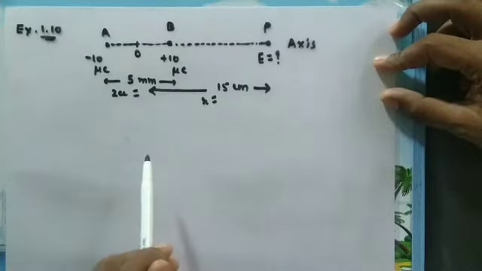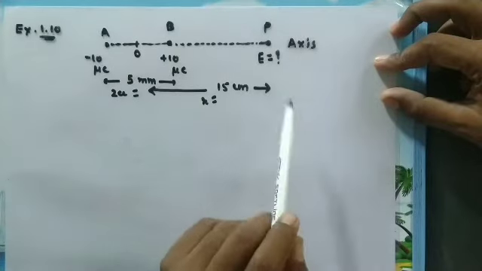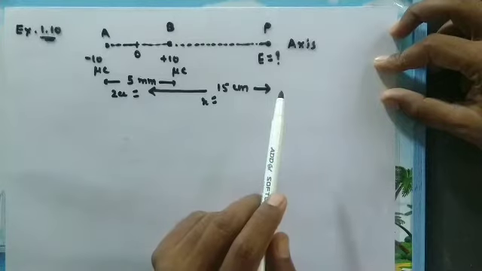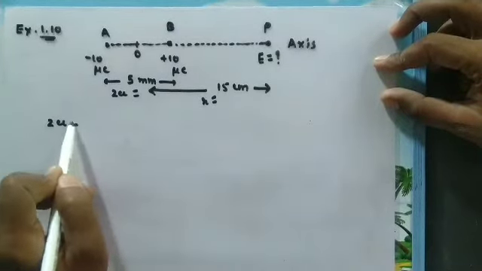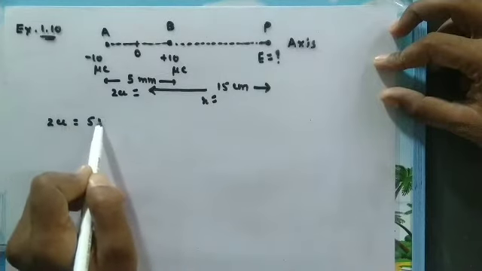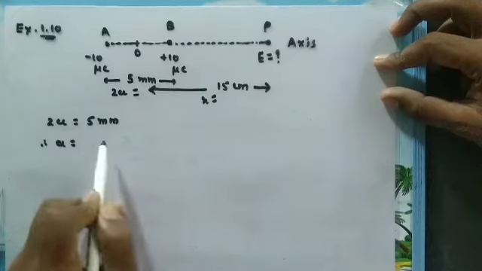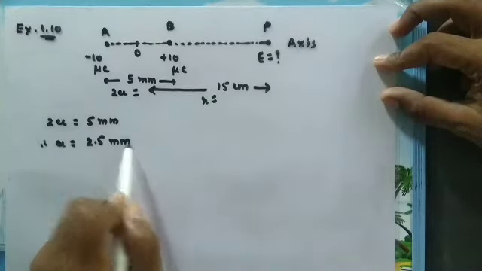Now we have already obtained the formula for the electric field on the axis of a dipole. But here we can see that the distance 2A is 5 mm, and therefore A is equal to 2.5 mm.